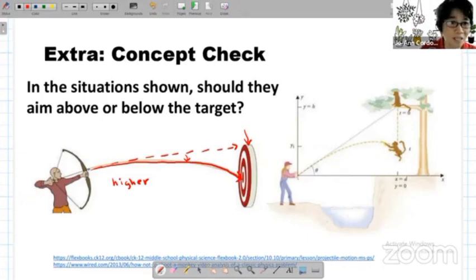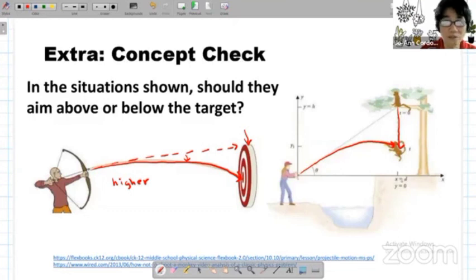Okay, Sir Jeffrey said at the monkey. Yes, because what's going to happen is our banana is going to be describing this motion. As the banana moves this way, the monkey is also moving down this way.